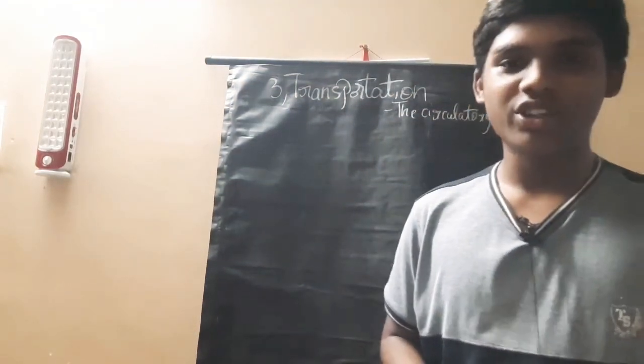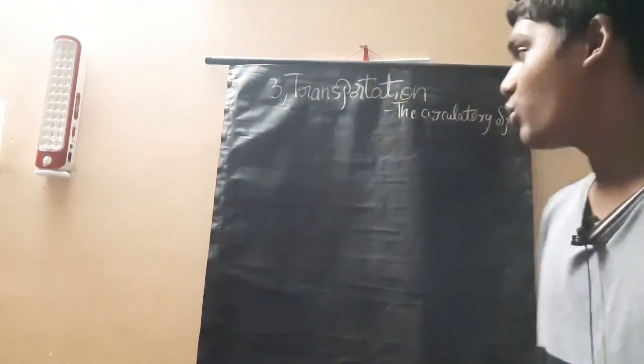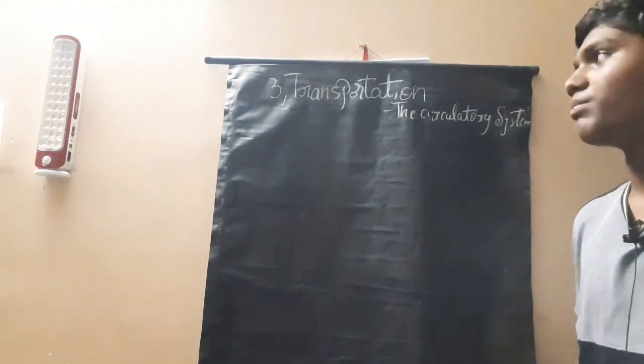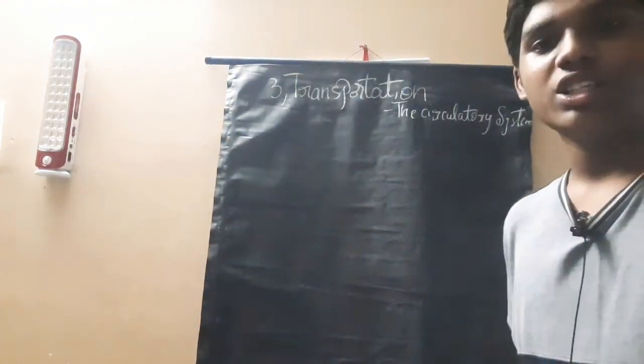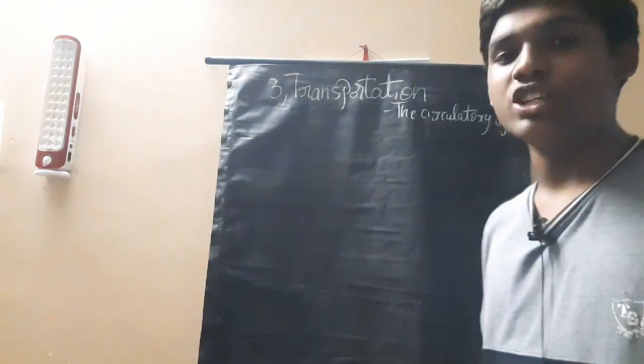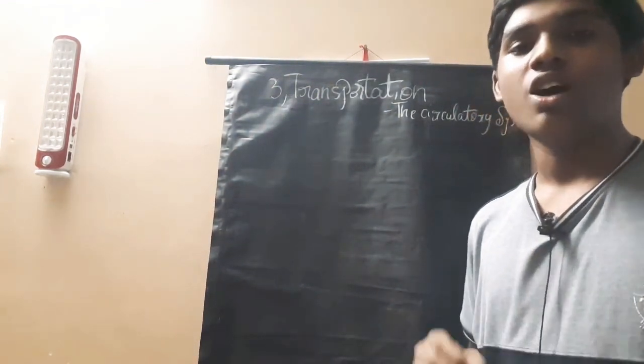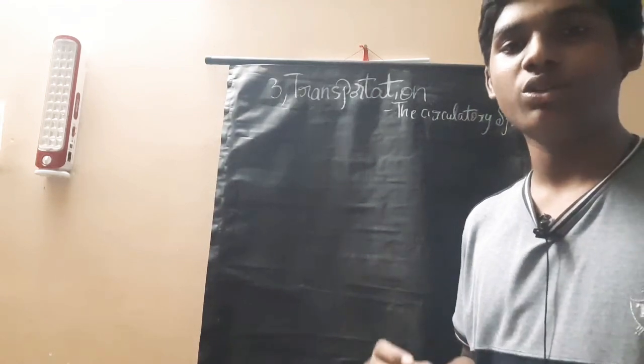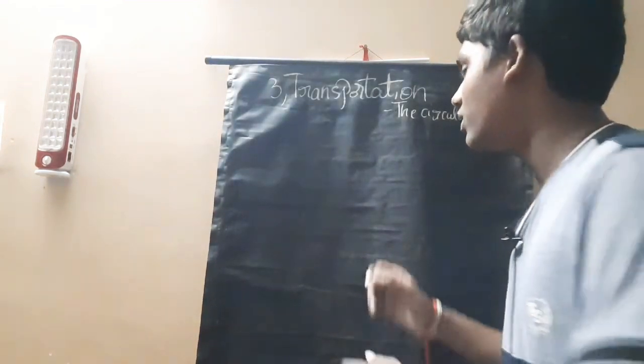Okay, today we are going to discuss our new chapter, transportation, the blood circulatory system. Now, what is meant by transportation? Transportation is the process of transporting substances from one part of the body to another part of the body.